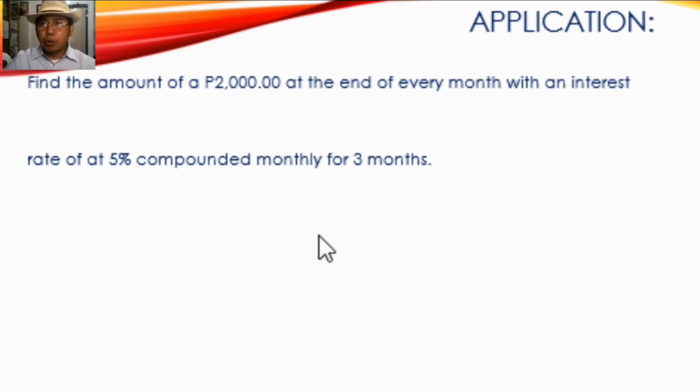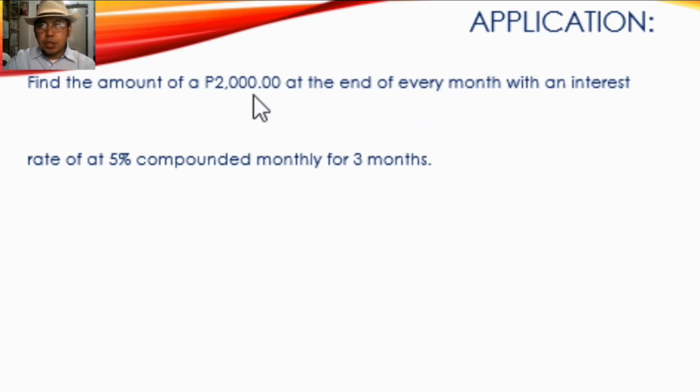Now, how are we going to answer this one? Let's try to analyze. It says here, end. When the payment is to be made at the end of every month, we pertain to an ordinary annuity.